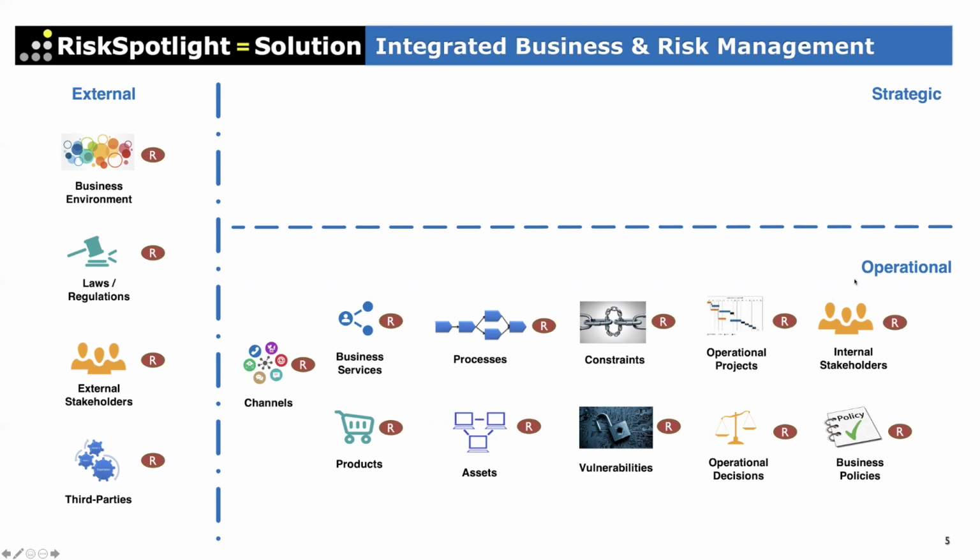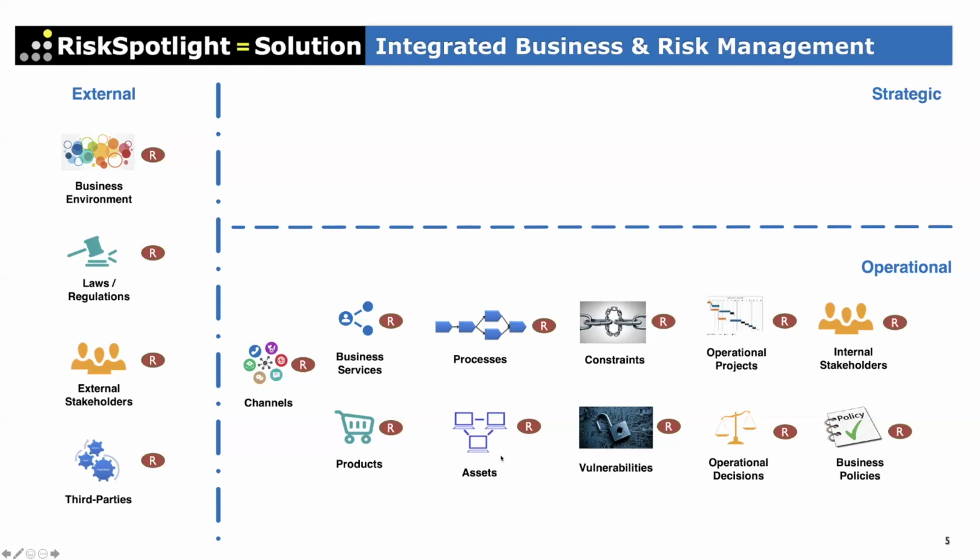And then from the operational layer, we identified these are the different things first line is doing on the day-to-day basis, where they are providing their products and services through the different channels. So channels can be a retail bank branch, online banking, mobile banking. So through the different channels, they're providing those products and services to the outside world. And then to deliver that, we have various processes and we have various assets.